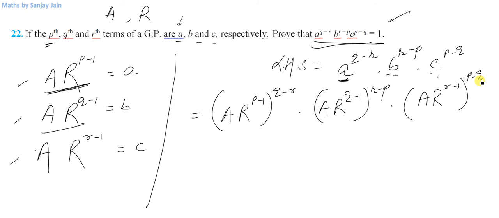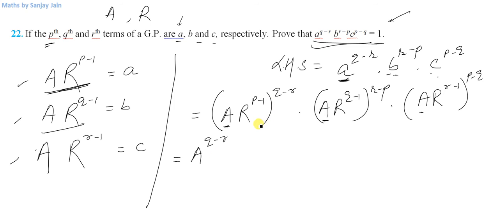Once we have written it like this, now this is just a simple multiplication. How? Let me show you. If you just consider these capital A's, this capital A is raised to q minus r, this is raised to r minus p. So if you know the base is same, the powers will get added up.